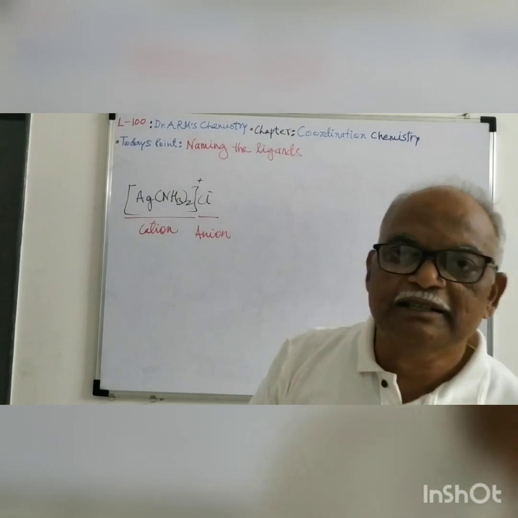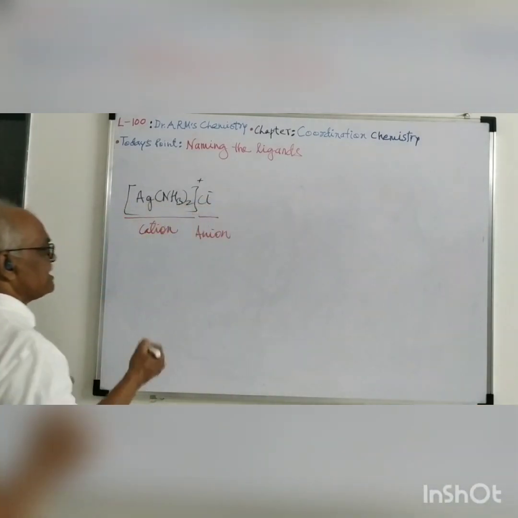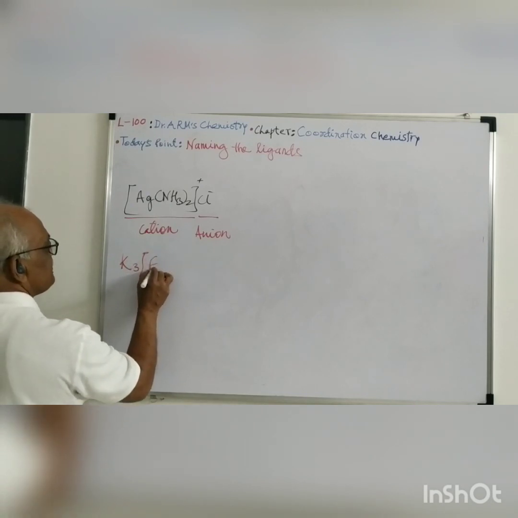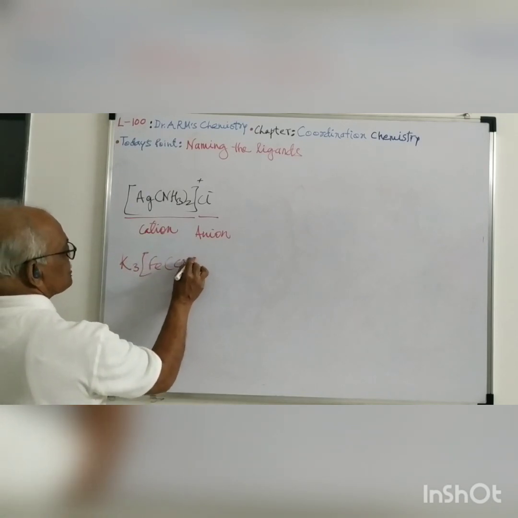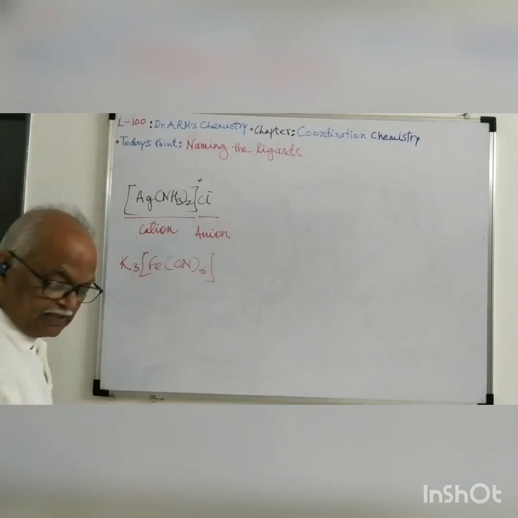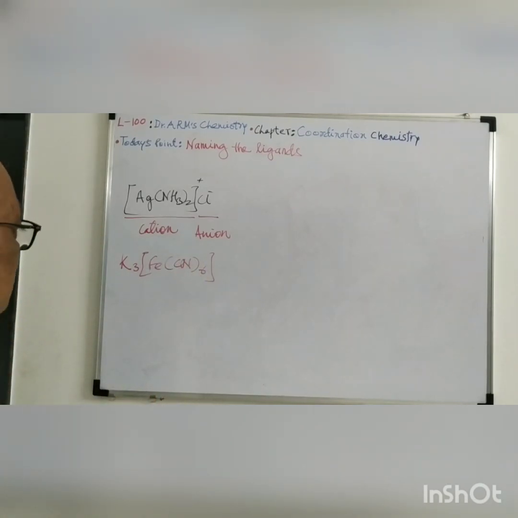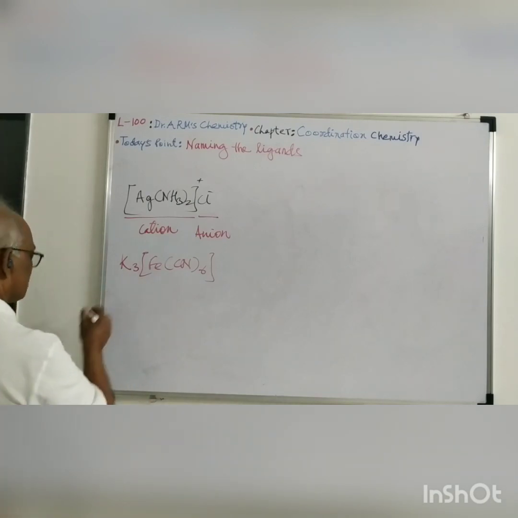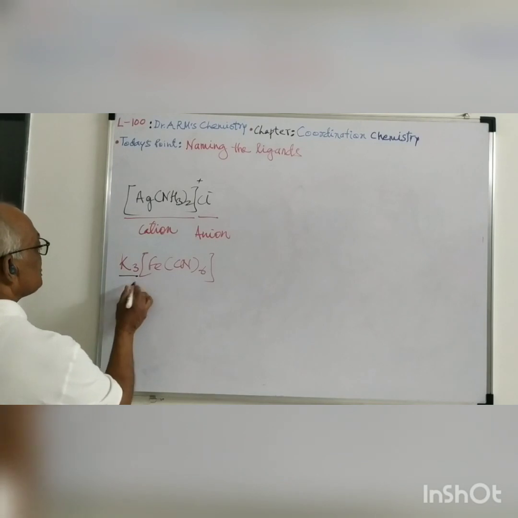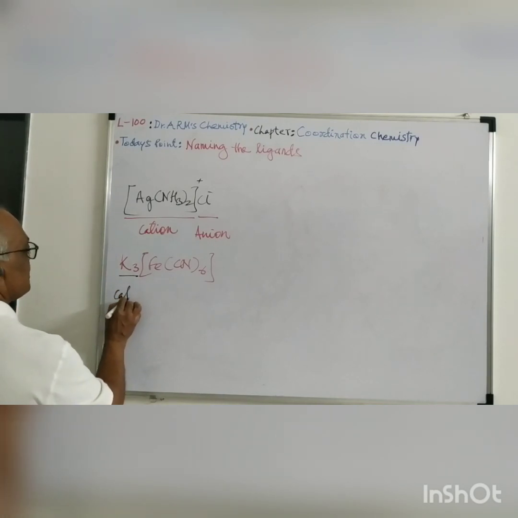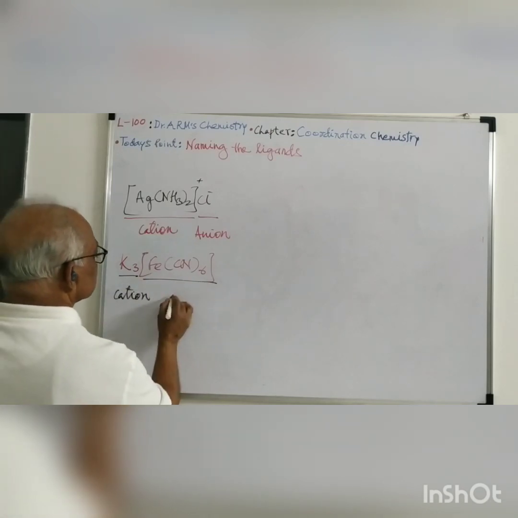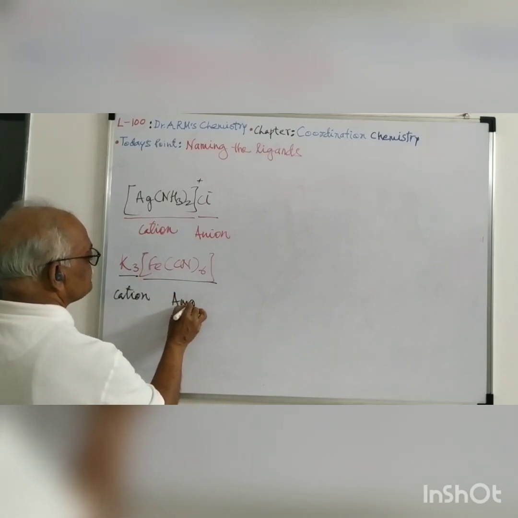If we take another example, you will understand this condition. Say K3[Fe(CN)6]. Here this portion is a cation and this portion is an anion.